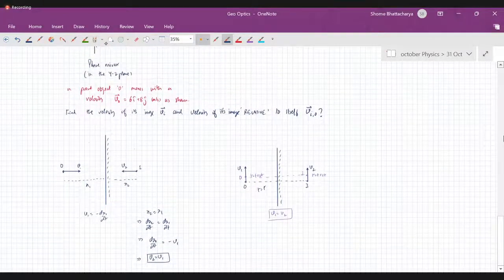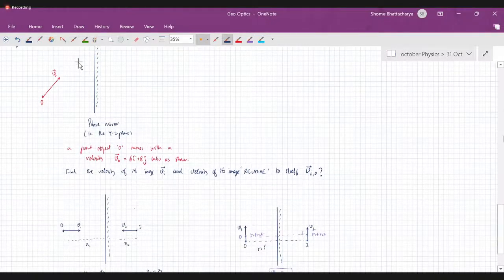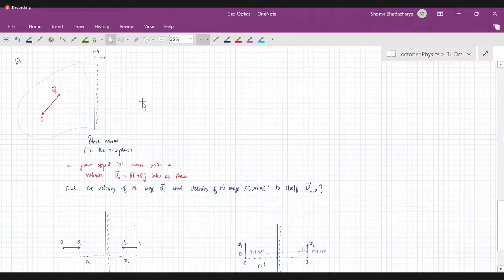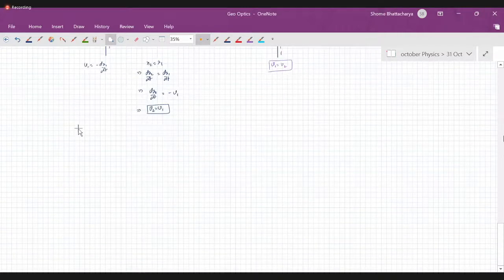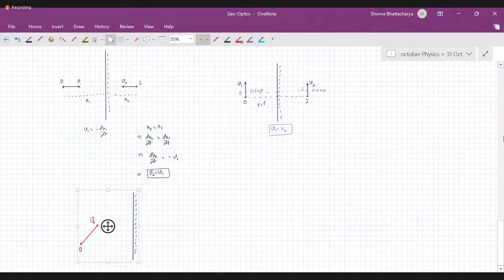in this kind of a situation, Sir, v2 will be equal to minus of v1 now in the first case?